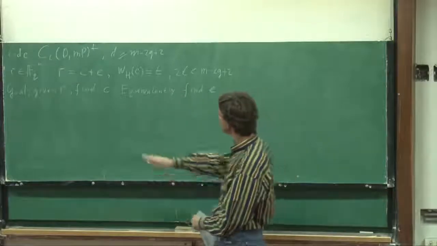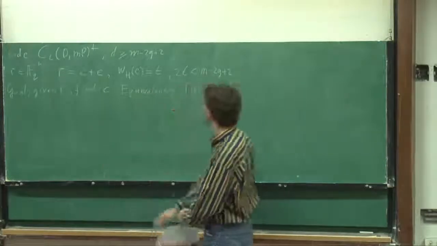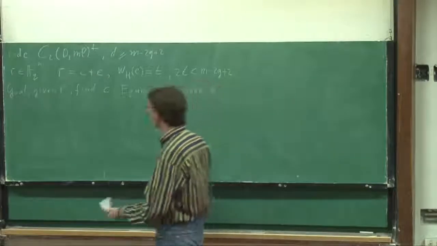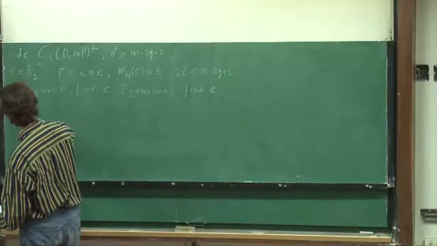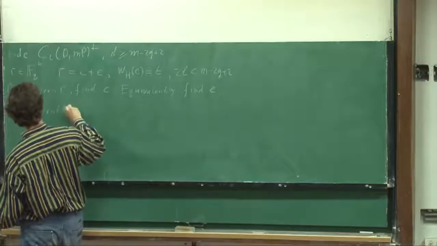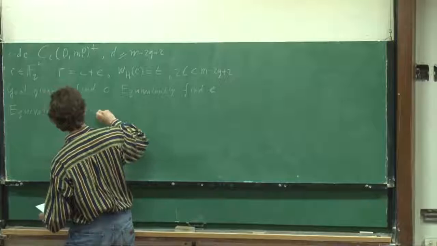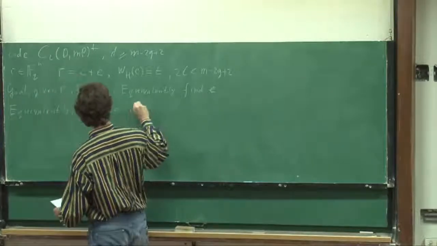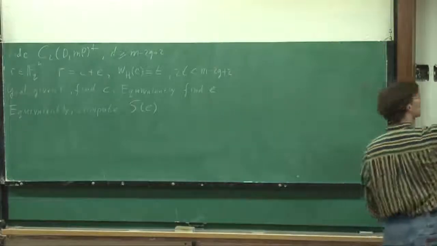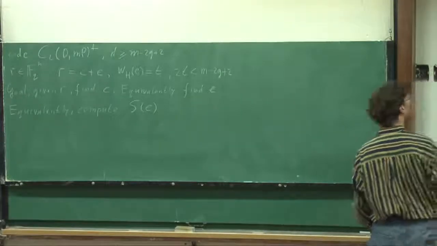Yeah, if we know what e is, c is just r minus e. Okay, again equivalently, we may say we just want to compute S of e, where S is constructed in that way.